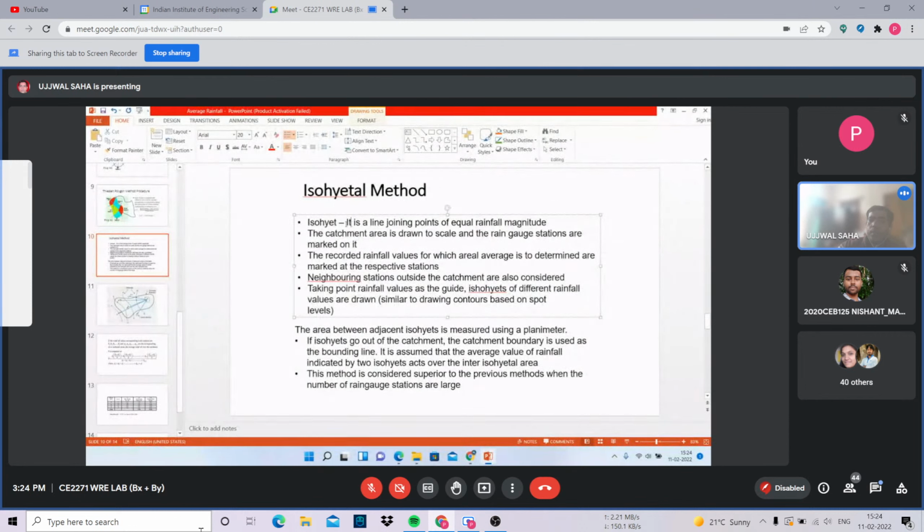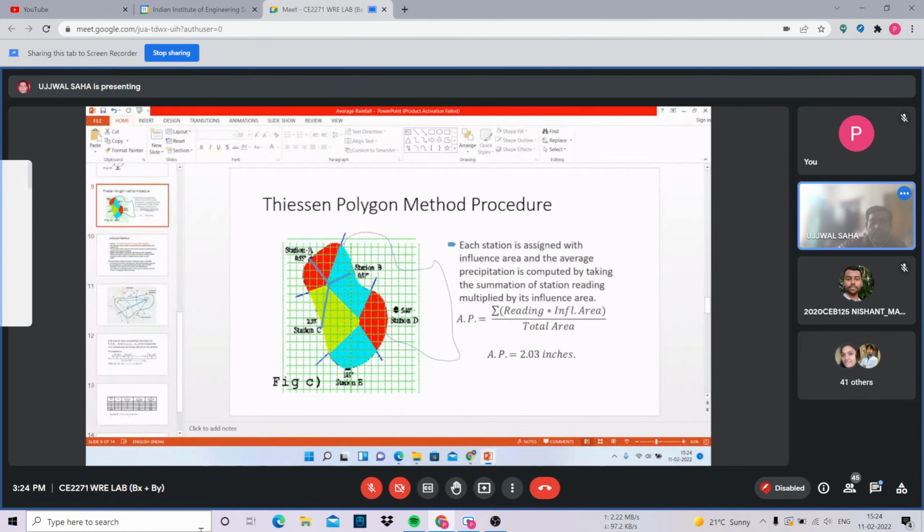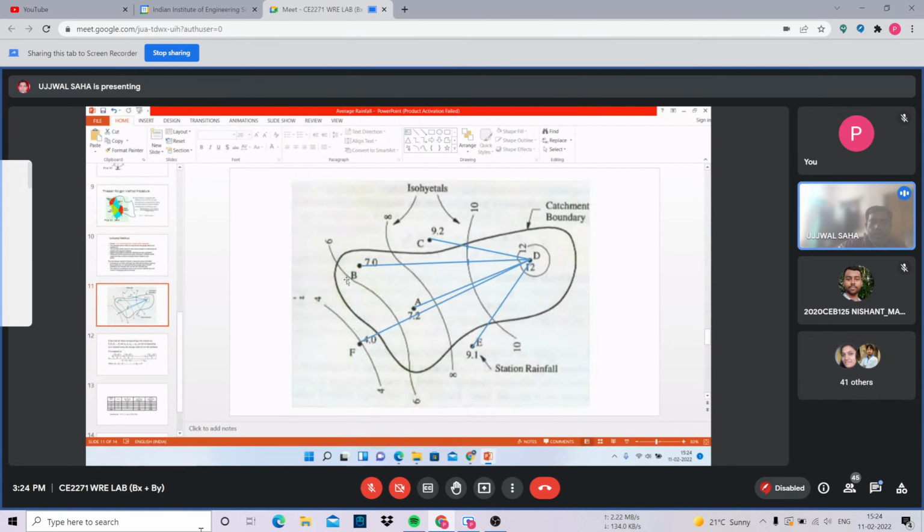So what is an isohyet? The isohyet definition is: it is a line joining points of equal rainfall magnitude. Suppose here is an example of an isohyet. This line, if it is an isohyet and it is written 6, it is like a contour line. A contour line is a line joining the same elevation. Like this, an isohyet is a line joining the same rainfall.